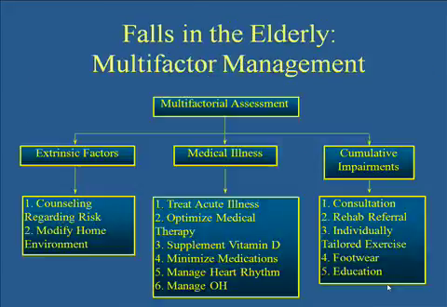So then the question becomes, all right, how do we do this multifactorial management? Again, you look at the multifactorial assessment, you identify the risks, and then you implement strategies to address these particular issues.